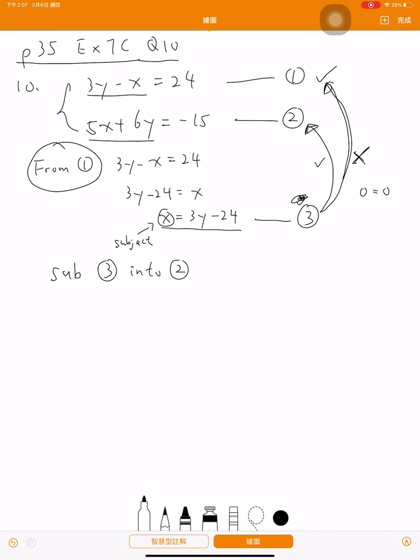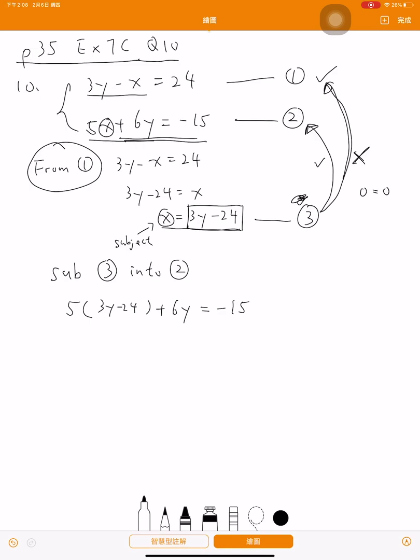So write down, sub equation 3 into equation 2. Again, the x is here. That means we put x become the whole 3y minus 24. That's 5 times (3y minus 24), this one is x, and then plus 6y is equal to negative 15.